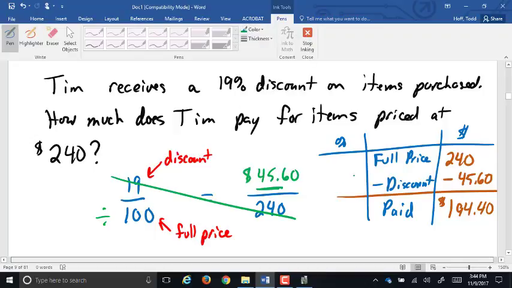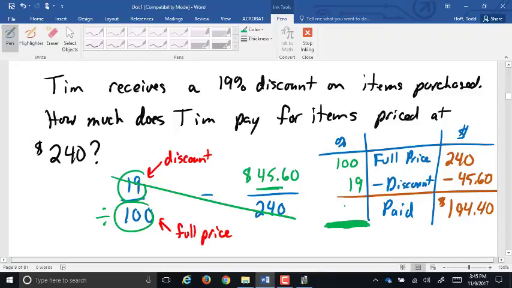Well, on the percent side of this, we said that 100 represents the full price and 19 represents the discount. Is this going to be 119% down here? Say no. Why not? Yeah, discount is subtracted, not added.